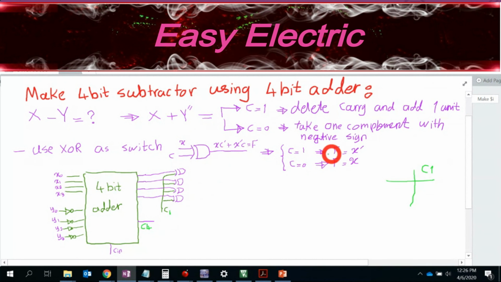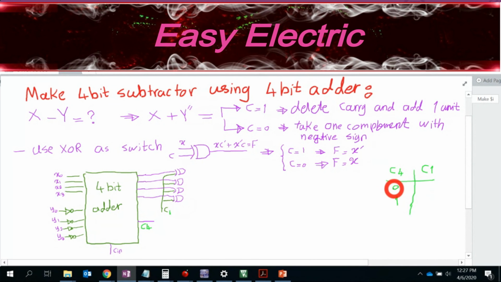So C1 is a function just related to this C4, okay? This C4, which is the carry of this addition of X plus Y double prime, tells me whether it should be 0, which gives the same S, or it should be 1. So C1 is a function related to the variable C4. This is a design problem, we already did this. You have just one variable, C4, which could be 0 or 1, right?